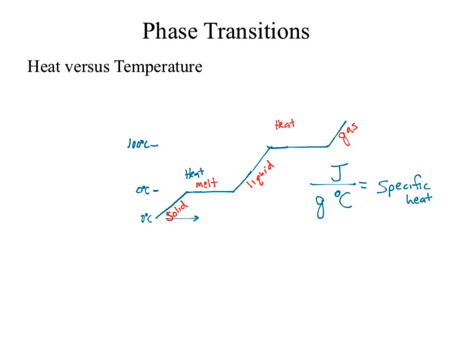We could do the heat to boil. There's actually a fancier term for melt, but I don't think anybody's going to know that one. But you might know the one up here. Heat to go from liquid to a gas. The heat of vaporization. Okay. That would be going from the liquid to the gas.